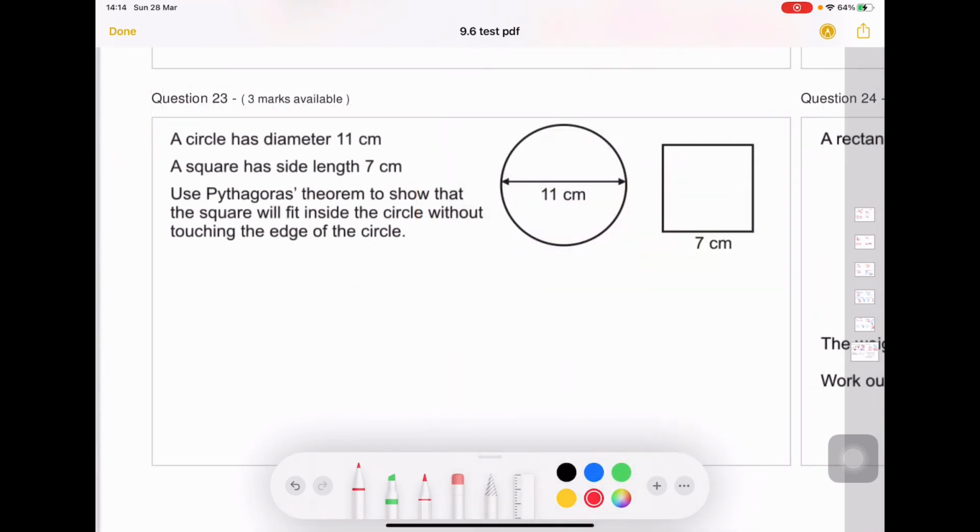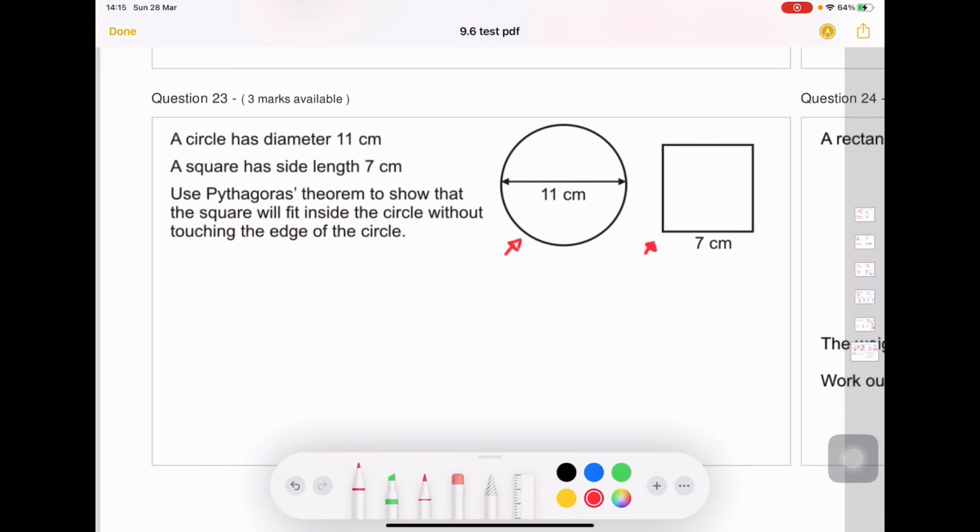Now I'm aware that a lot of students may find these questions really difficult, but I'm going to go through them anyways, because you hopefully will be able to see how you can answer these types of questions after I go through it. So it says a circle has diameter 11 centimeters. They've drawn it for us as well. And a square has side length 7 centimeters.